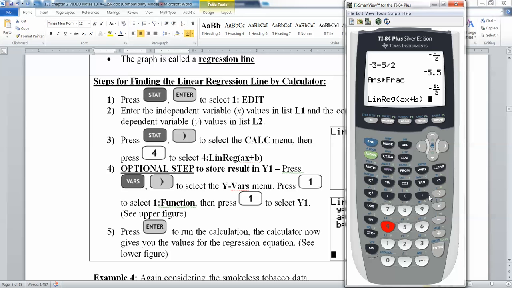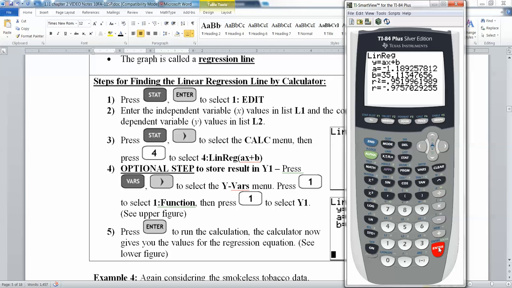So, what you do is you press Vars, Y-Vars, number 1 Function, number 1, and it'll say linear regression Y1 and press Enter, and that's optional. But the advantage to it is that if I go to Y equals now, it actually put in that equation. It's just sitting in there waiting for me with all its decimal places. Nice, huh?